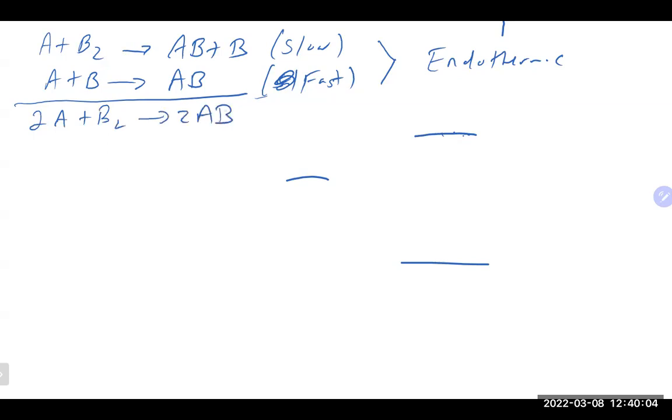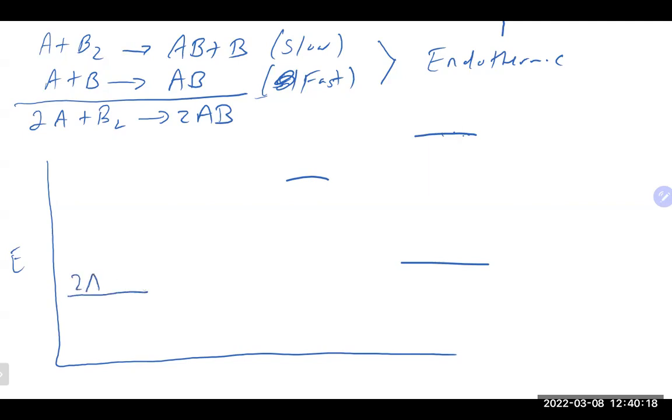So if we were to draw our energy diagram for this, energy, we would have our reactants, which would be 2A plus B2, right? Now, the first step here is the slow step.